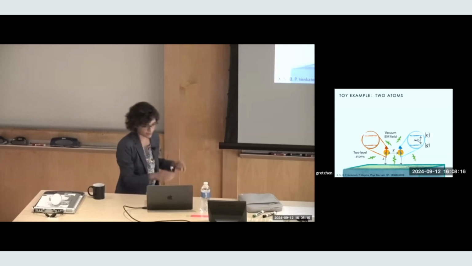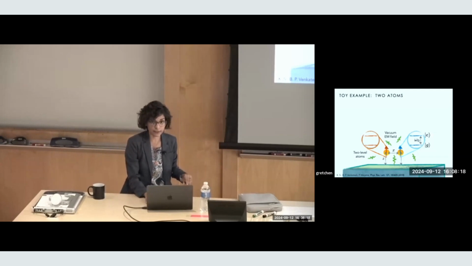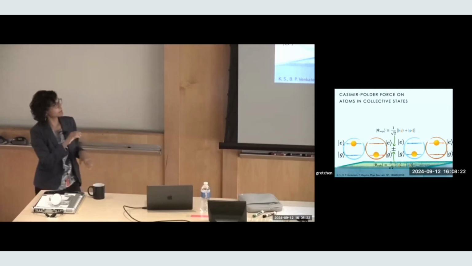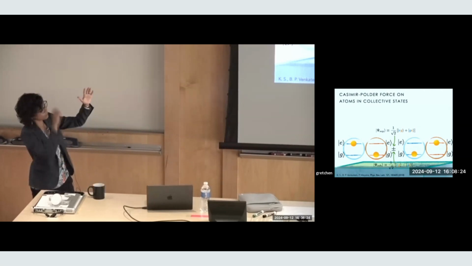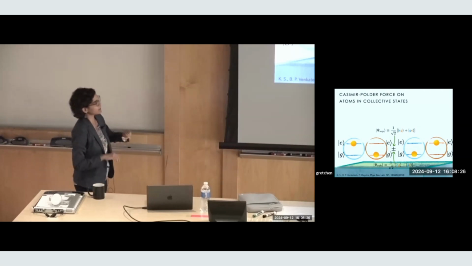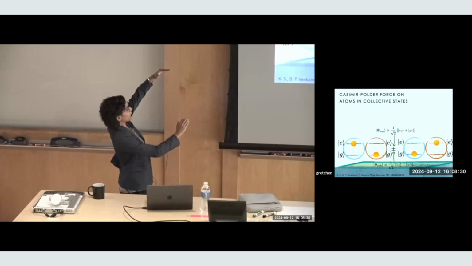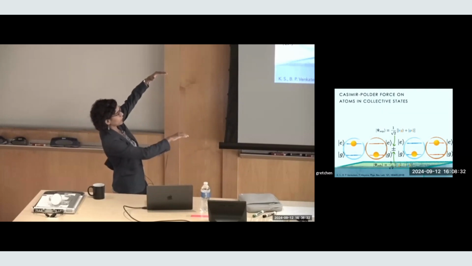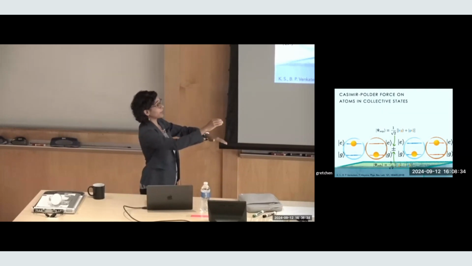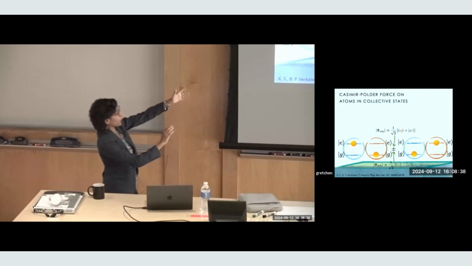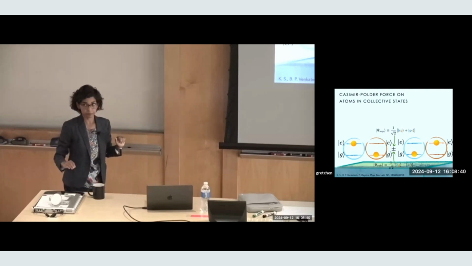You put this two-atom system near a surface, and you prepare these atoms in correlated quantum states, where you have a superposition of blue atom being excited, red being ground, or blue being ground and red being excited, with a positive or a negative sign, okay?